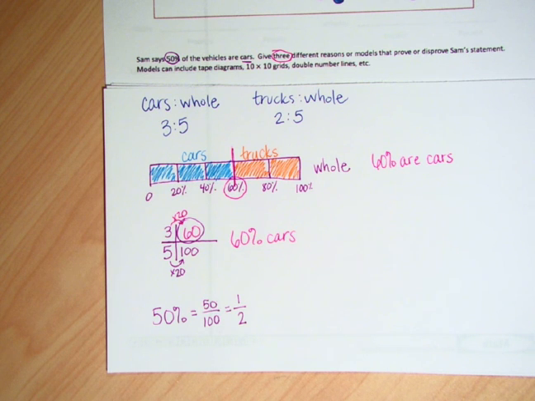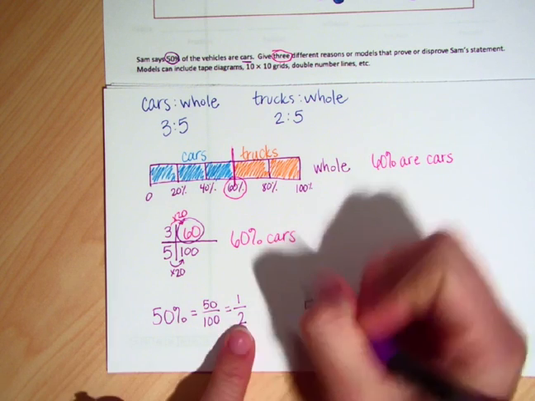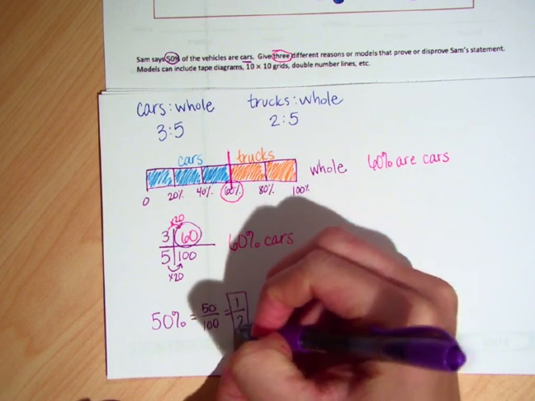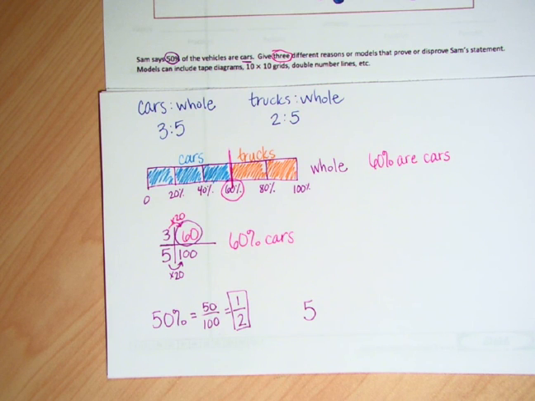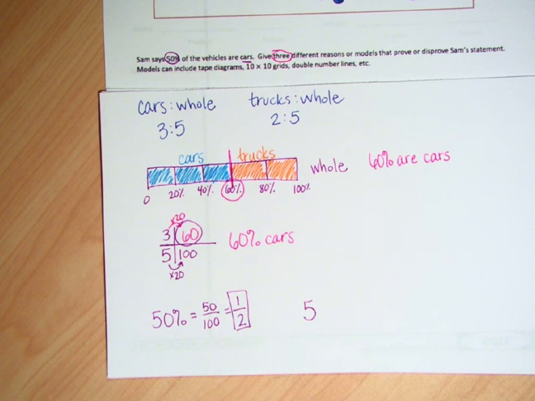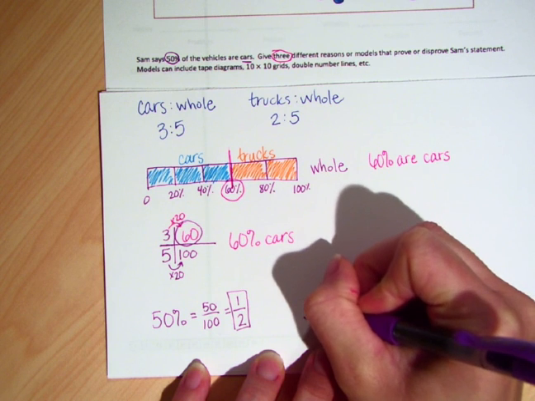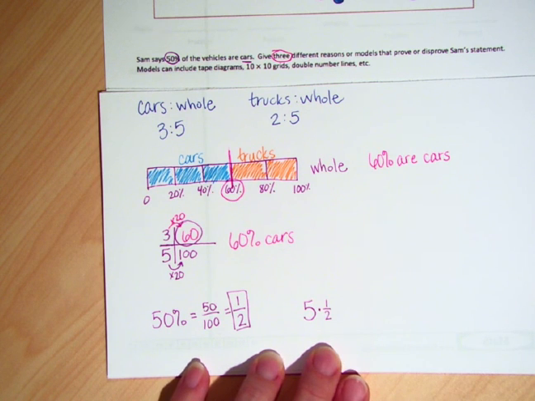There are 5 vehicles. Half of those vehicles are cars, he says. Now that I have this half, let's find 1/2 of 5. We're going to multiply times a half. We're going to cut it in half.